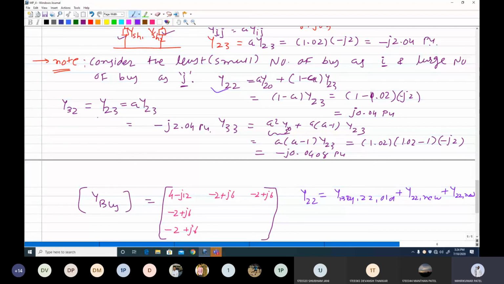So it is the summation. What is the value of old Y22? The value of old Y22 is 2 minus j6. Very good. Then the value of new calculated Y22 after introducing the transformer is j0.04.